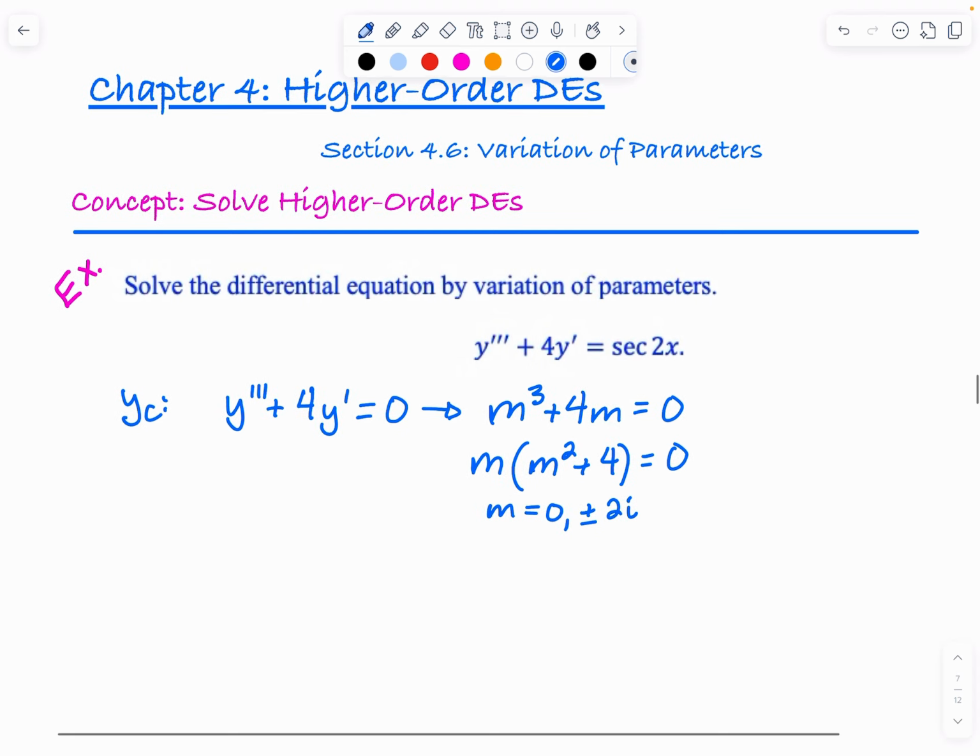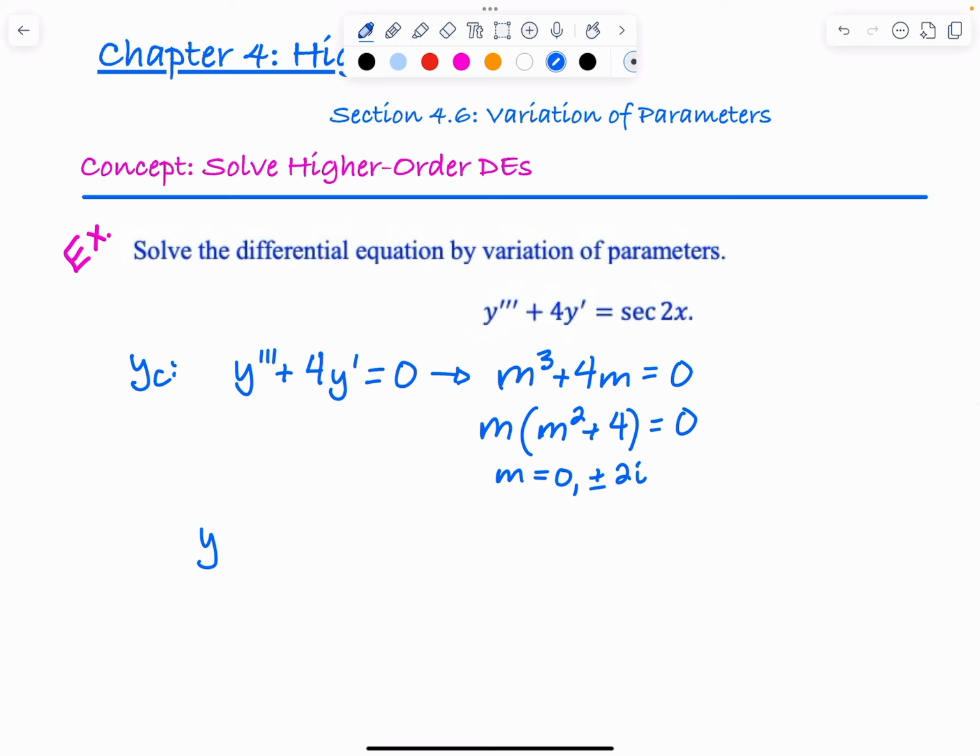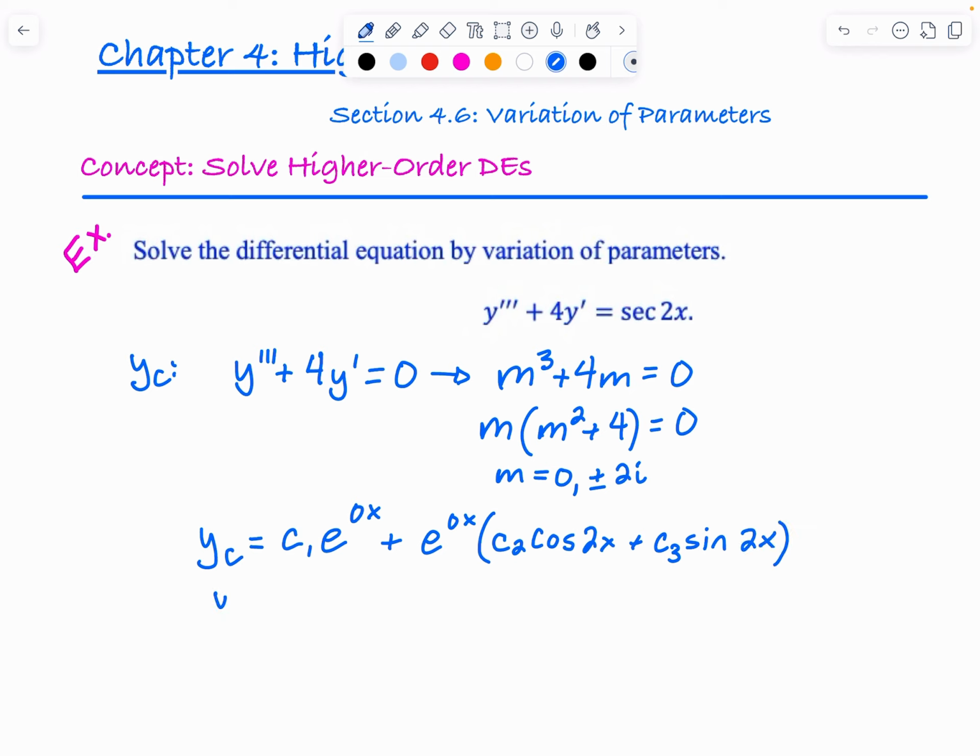All right, so that tells me my complementary solution is c1 e to the 0x plus e to the 0x times c2 cosine 2x plus c3 sine 2x. I'm definitely going to simplify that. I get c1 plus c2 cosine 2x plus c3 sine of 2x.